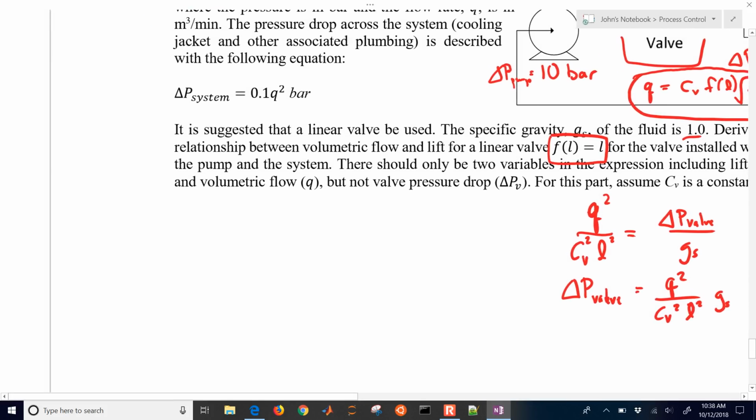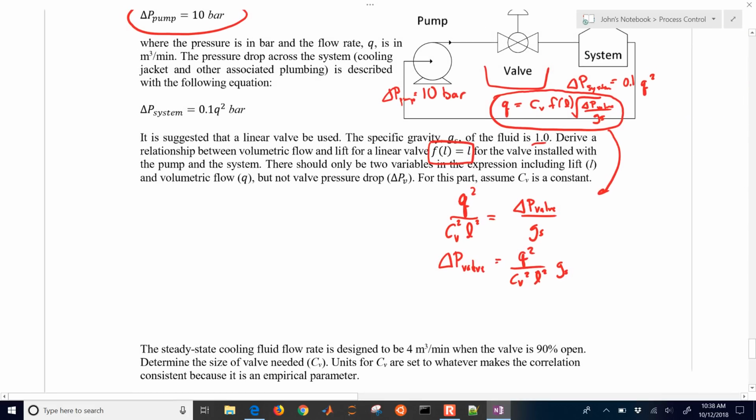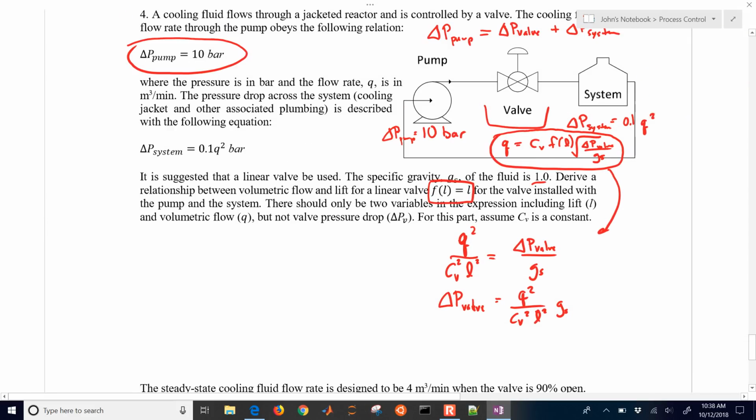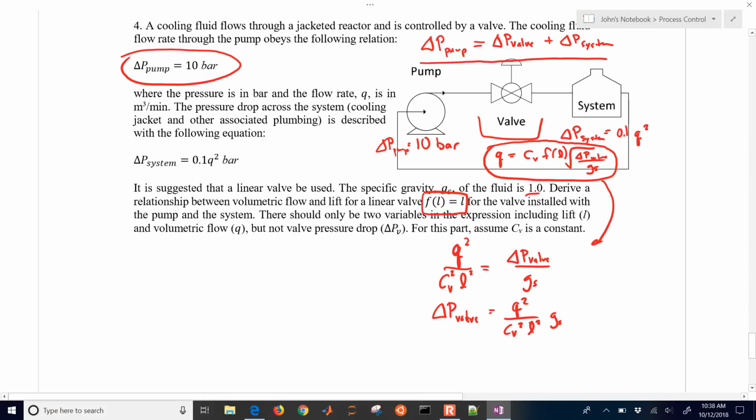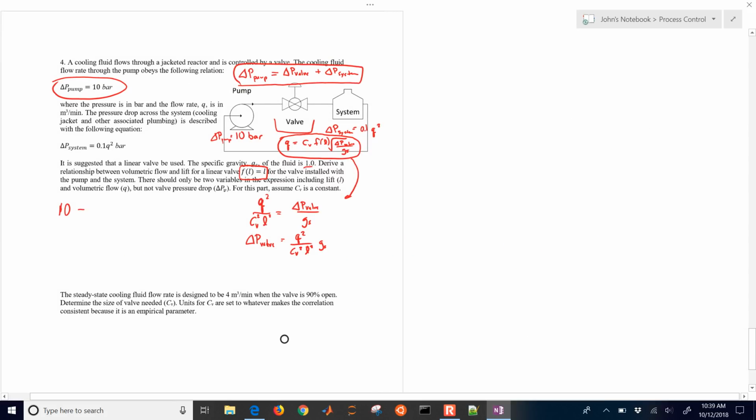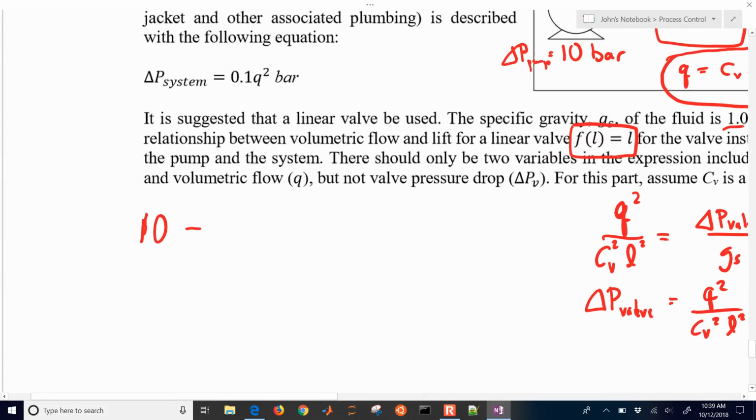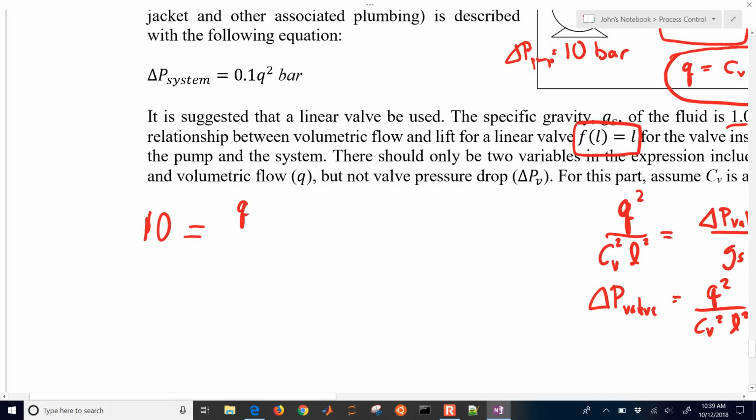Okay, let's put all that together. We have these three, basically this relationship up above. We're just going to plug in the delta P for each of those units into that correlation. So we have 10 equals, and then the delta P across the valve is going to be Q squared divided by CV squared times L squared.